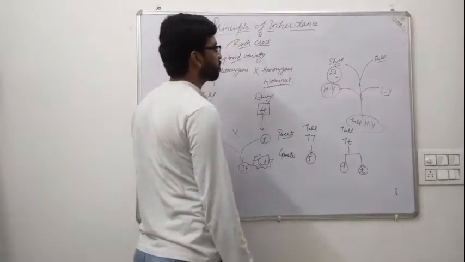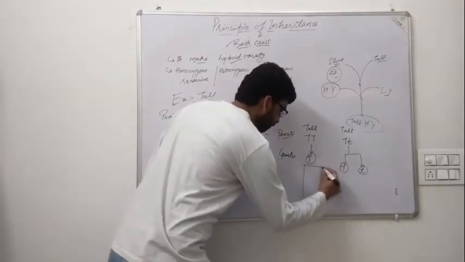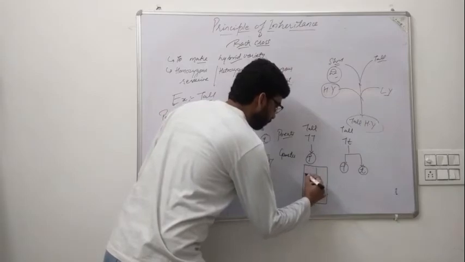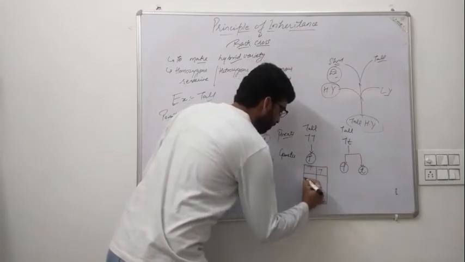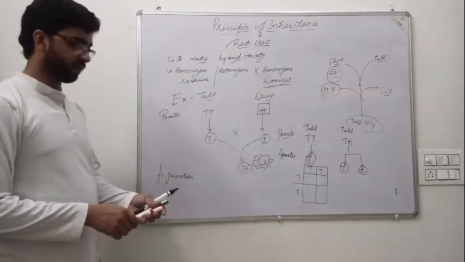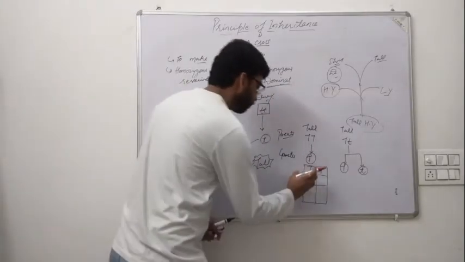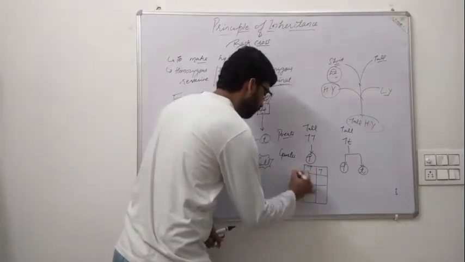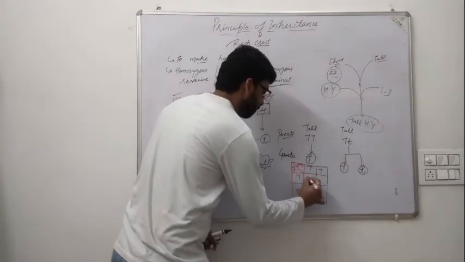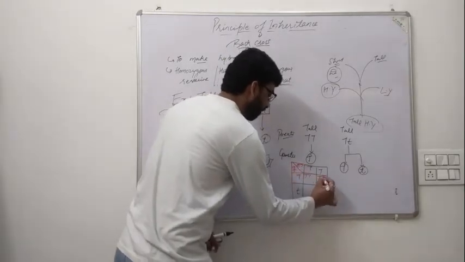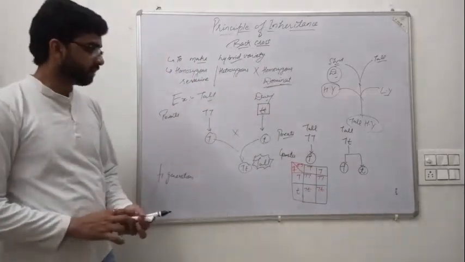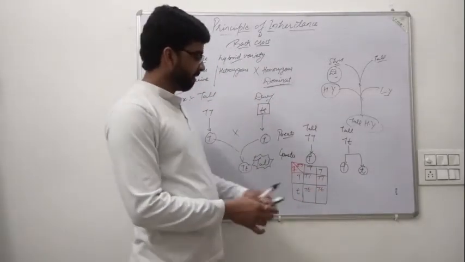Okay, we do a short Punnett square for this, with male and female, capital T and small t. We observe that the genotype may be different.